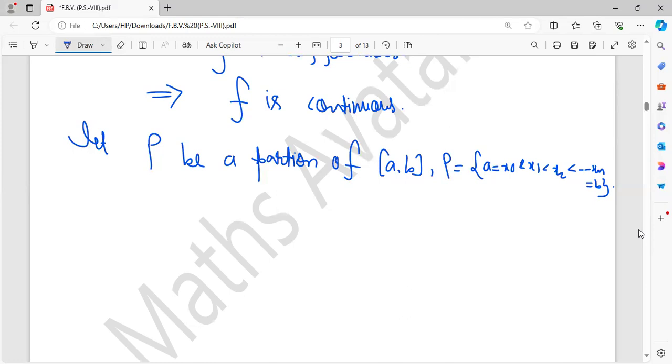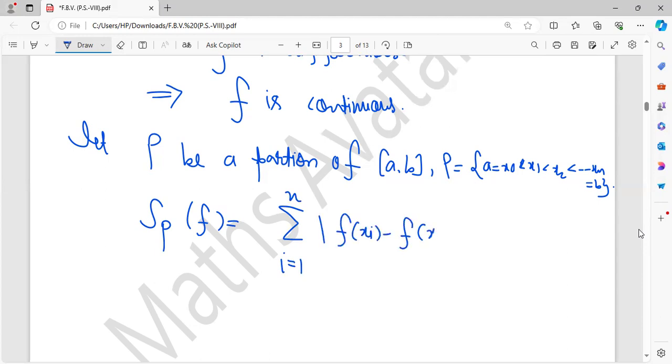And now we know that the sum S_P(f) is the summation i goes from 1 to n of the absolute value of f(xi) minus f(xi minus 1).